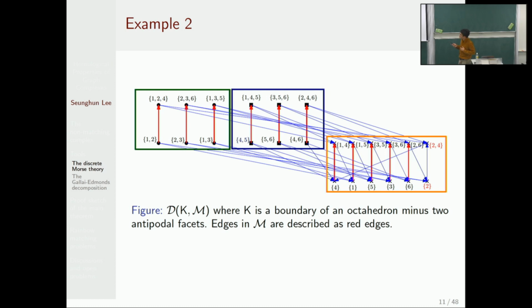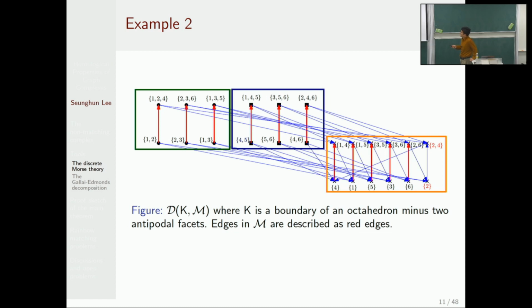We can easily see this is an acyclic matching because this is an acyclic directed graph, and there are two elements which are not matched by M, so they are critical sets.